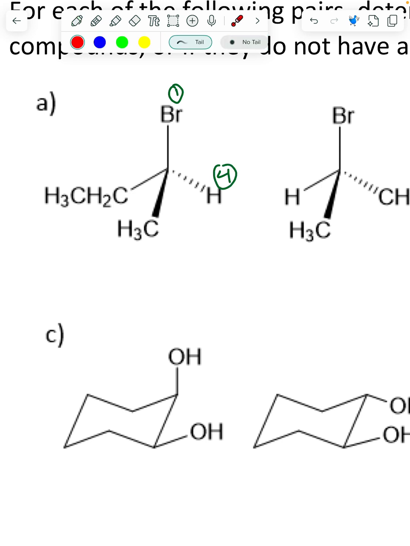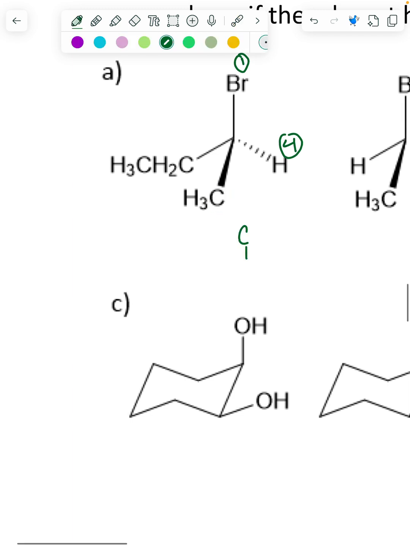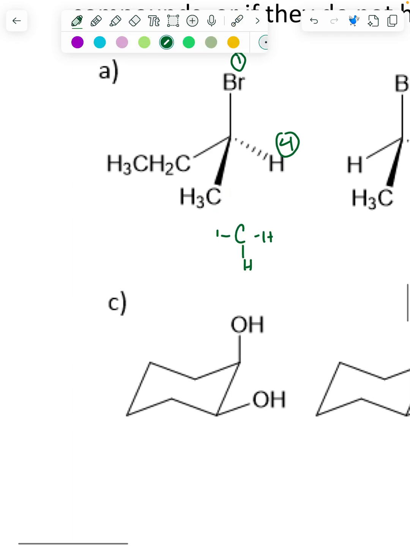Now to determine which is second priority and which is third priority, we can't just look at the carbon because they're both carbons. They both also have 2 hydrogens. So now what we have to look at is what comes next after that. This carbon right here is actually a methyl group, so it's actually like this. And then this right here looks like this.